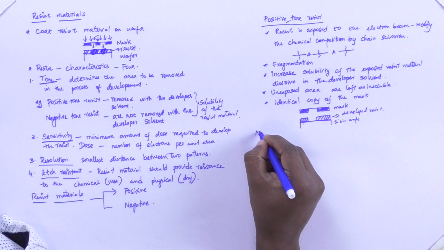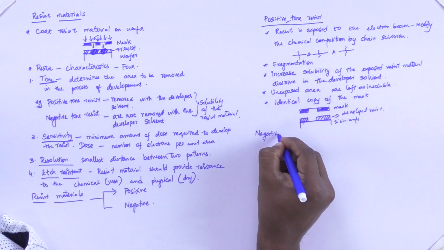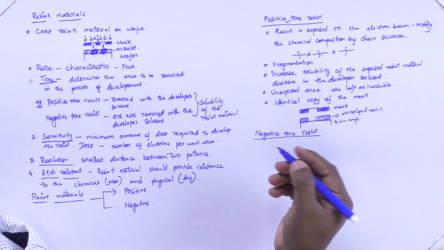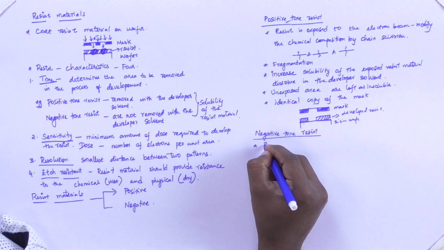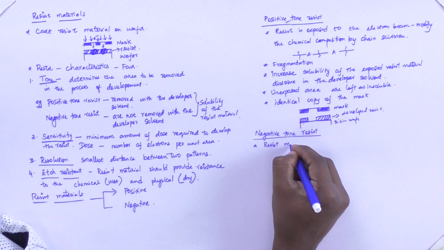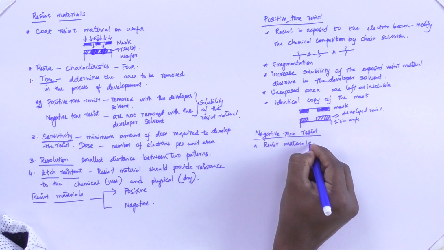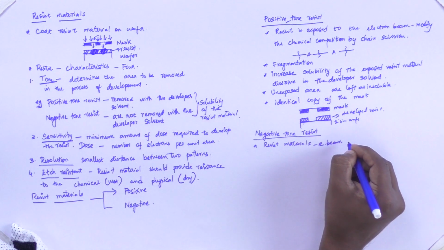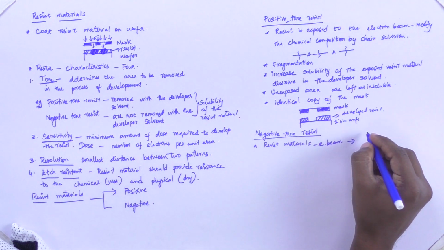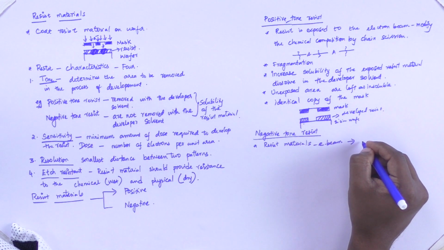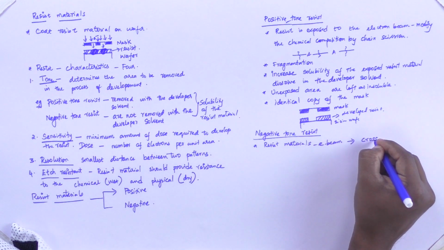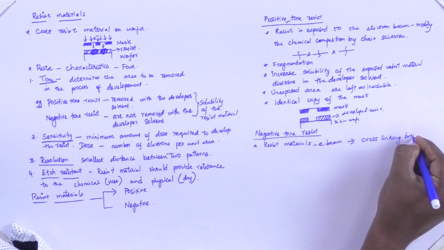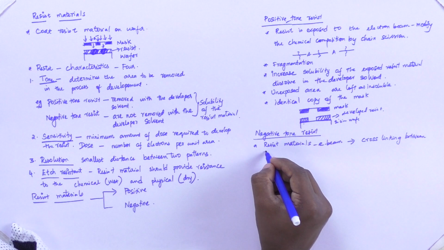And the second kind is negative tone resist. So negative tone resist materials, when exposed to electron beam, what will happen is it will make cross linking between the chains.